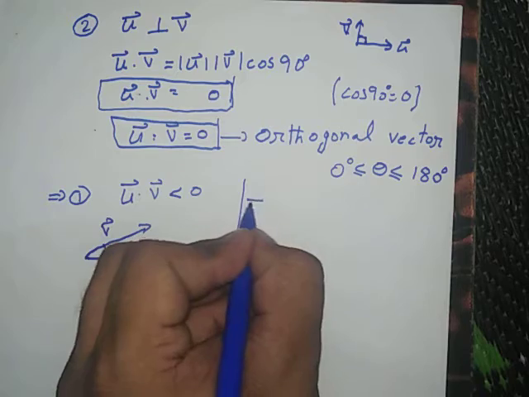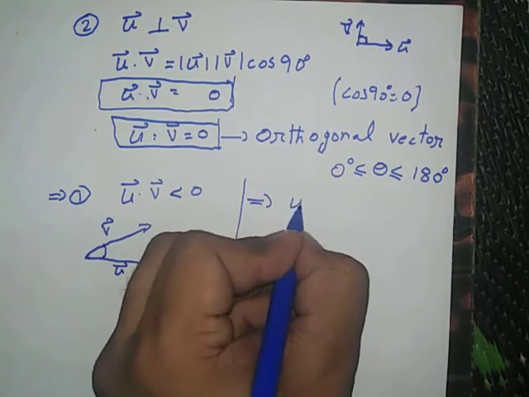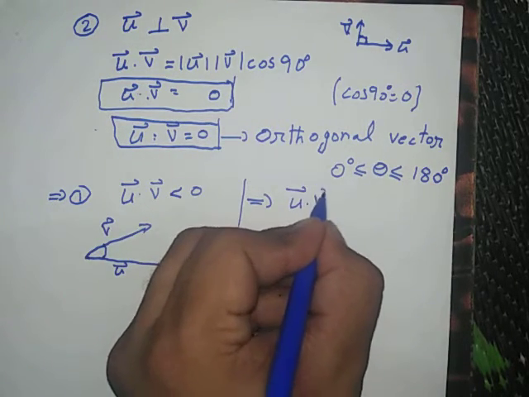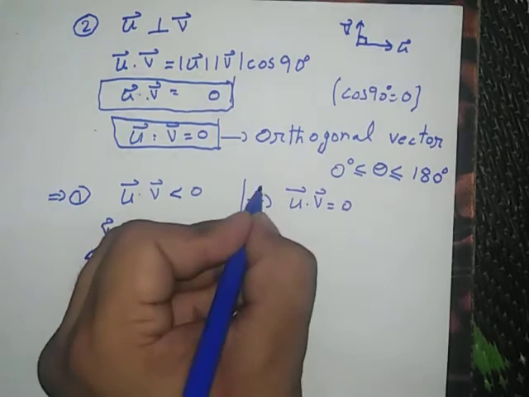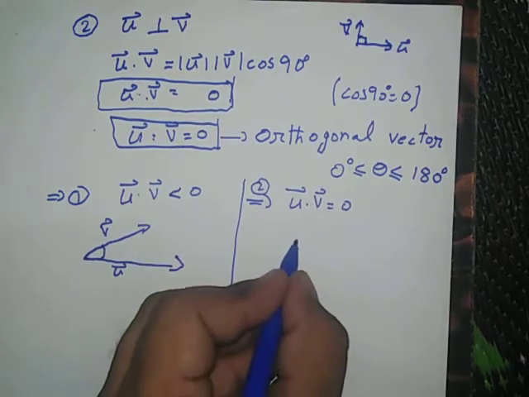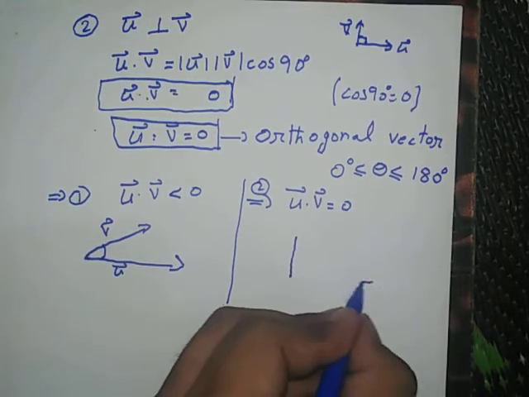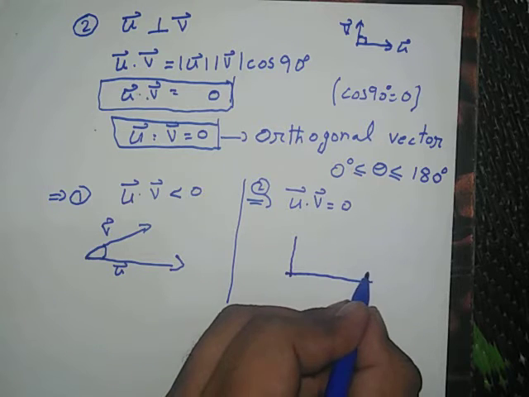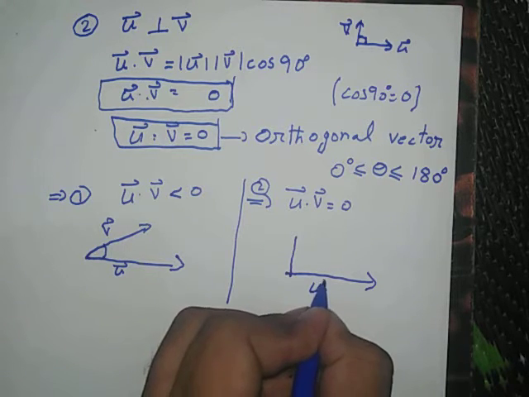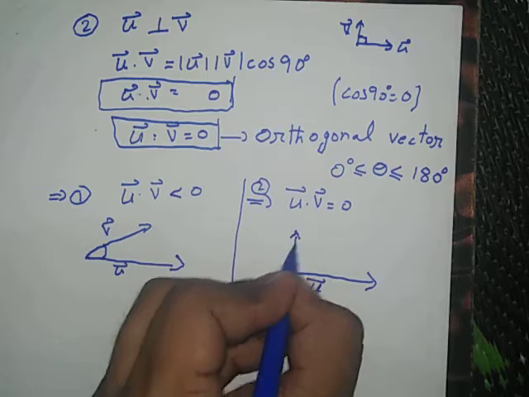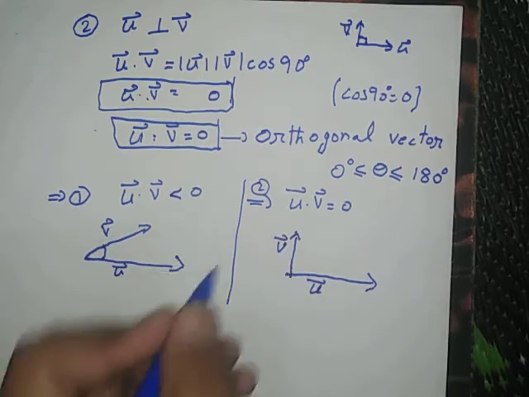If we have u dot v equal to 0, this is the second case, then we have the geometrical representation like this. This is vector u and this is vector v.